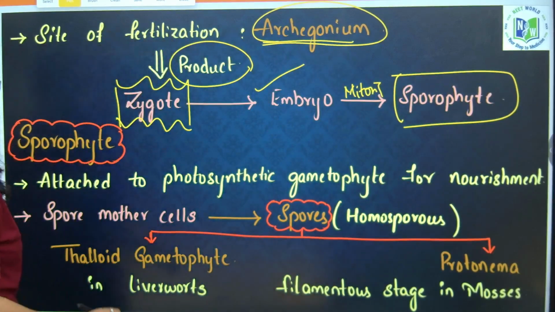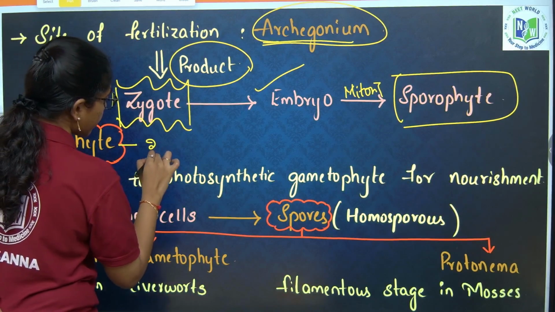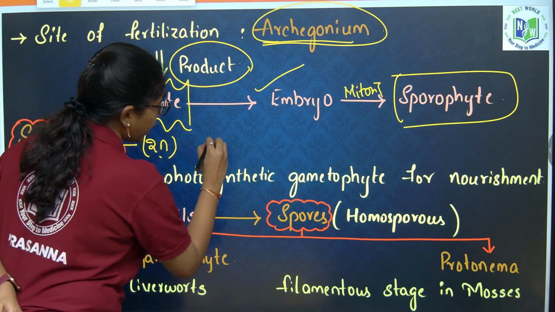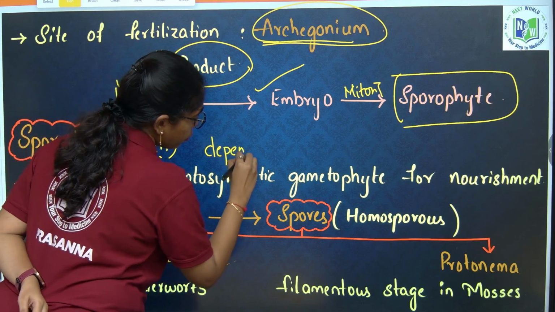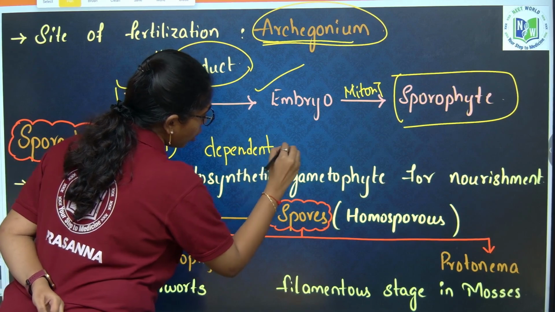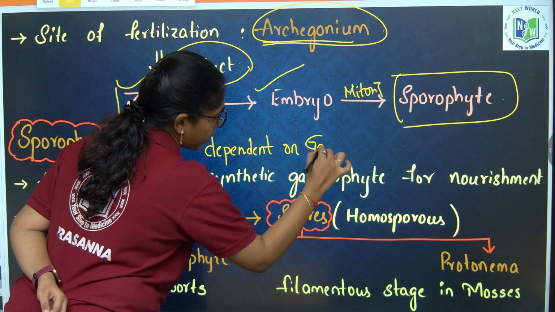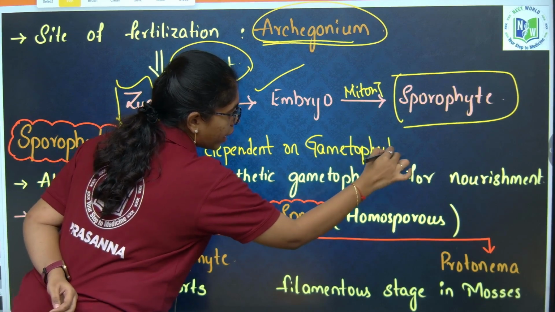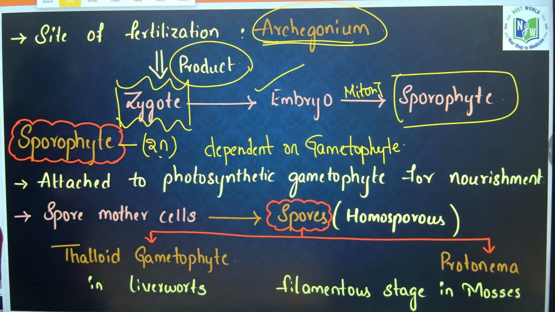I already told you sporophyte ploidy is diploid. Sporophyte is dependent on gametophyte, dependent on what, beta? Sporophyte is dependent on gametophyte for nutrition and nourishment.